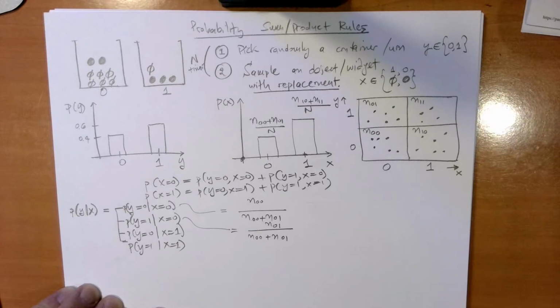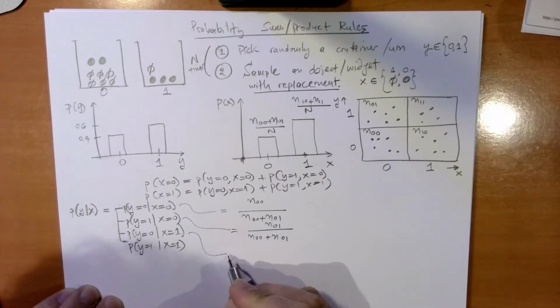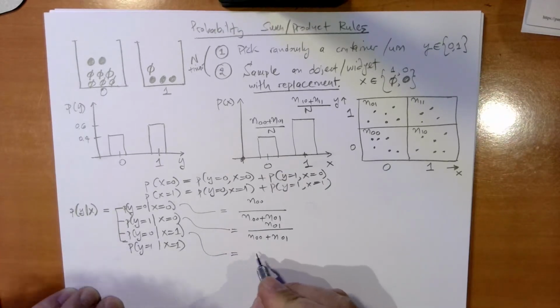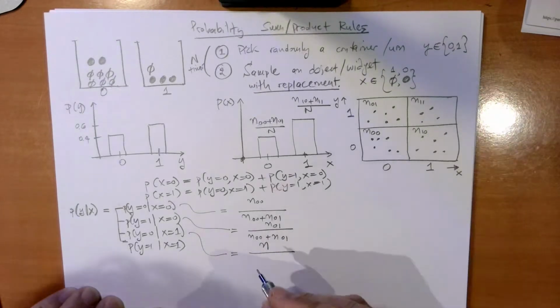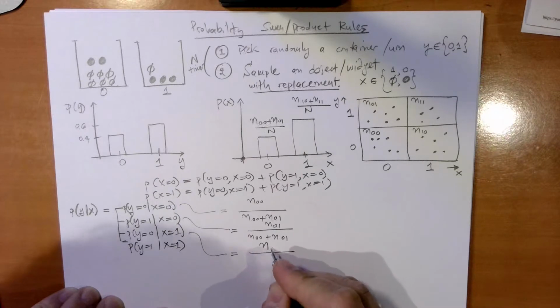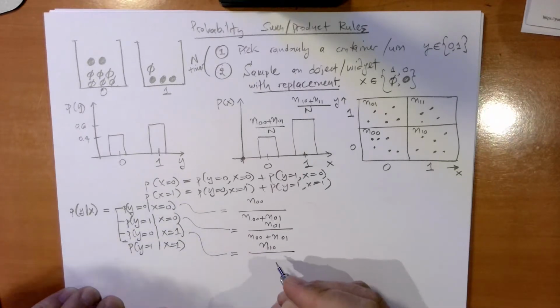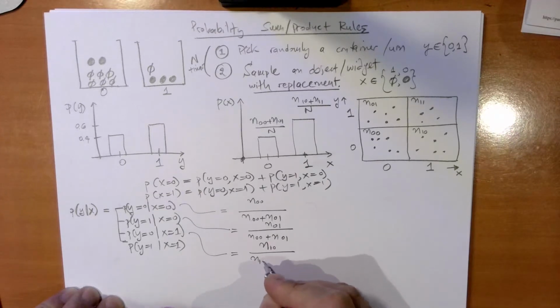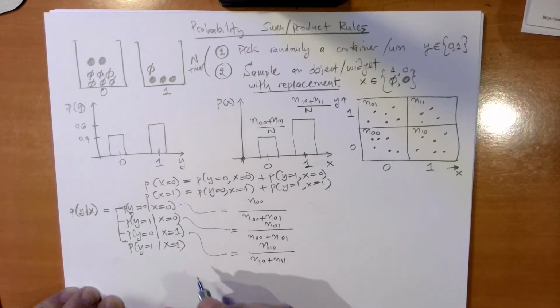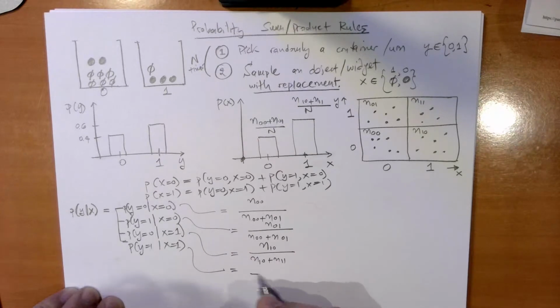Now this component is going to be n1,0 divided by n1,0 plus n1,1. And similarly, this one will be n1,1 divided by n1,0 plus n1,1.